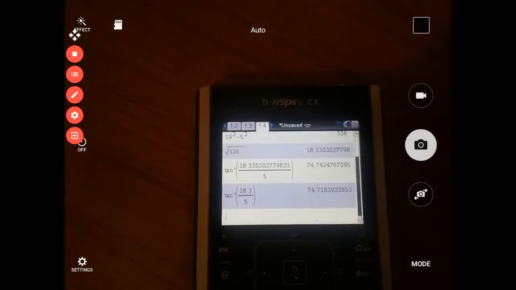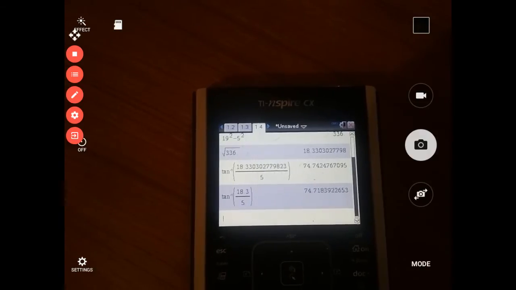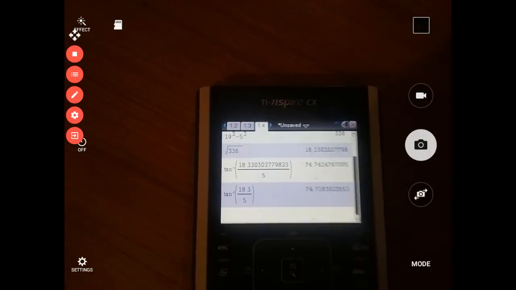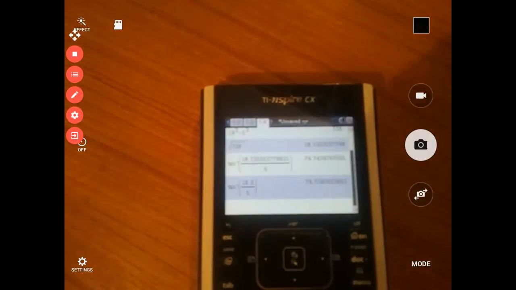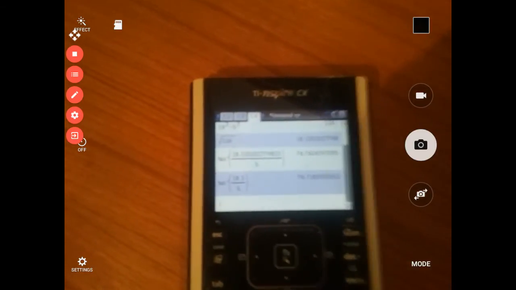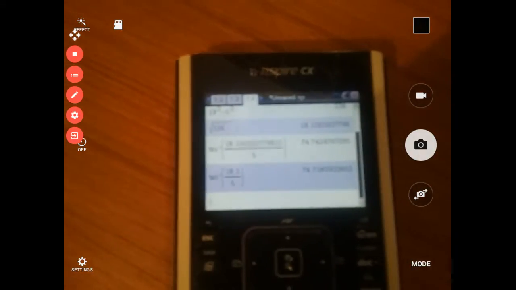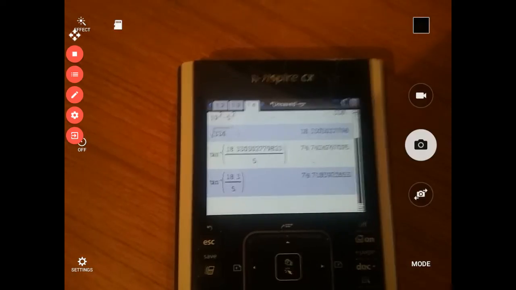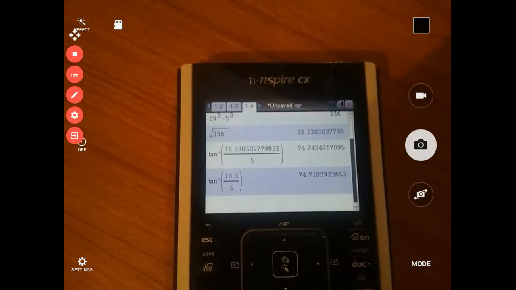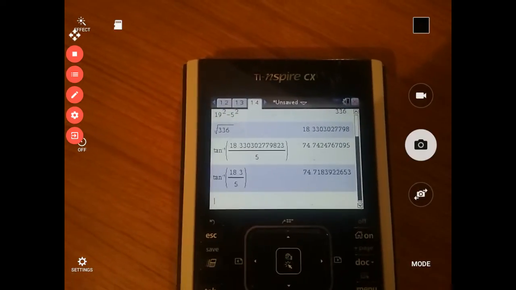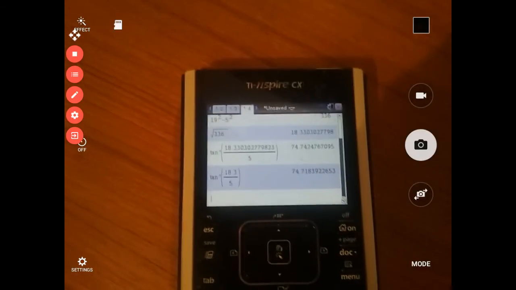Say to the nearest hundredth, you would get 74.74 for the first one and 74.72 for the second one. And of course, 74.74 is correct because we used all the decimals. You should only be rounding once for every question.